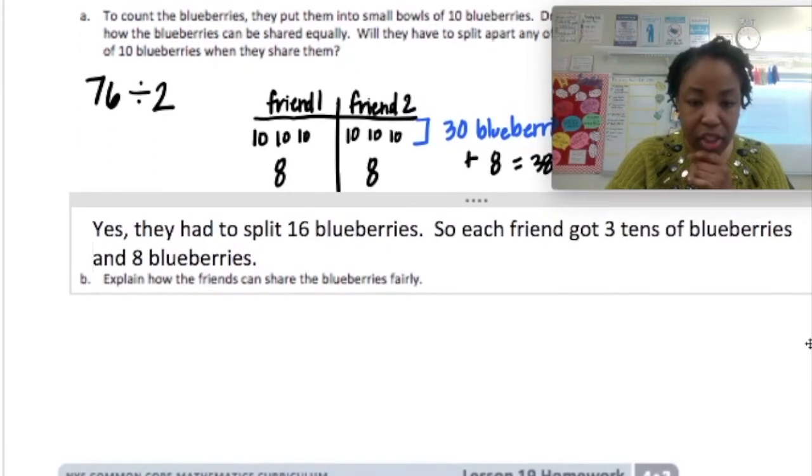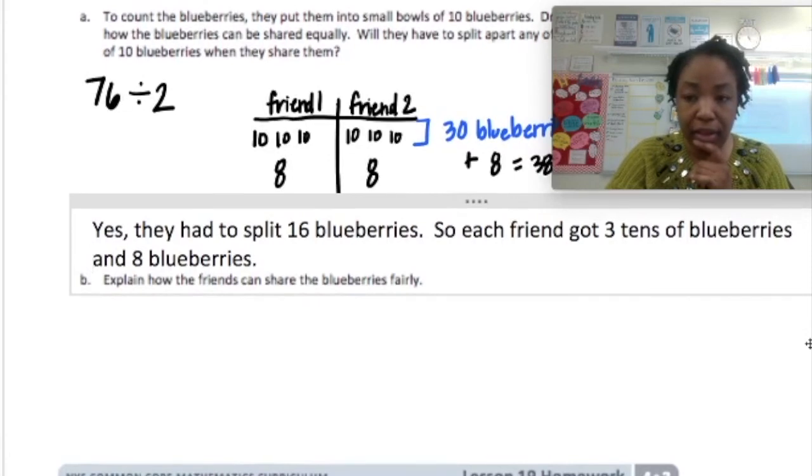Explain how the friends can share the blueberries fairly.